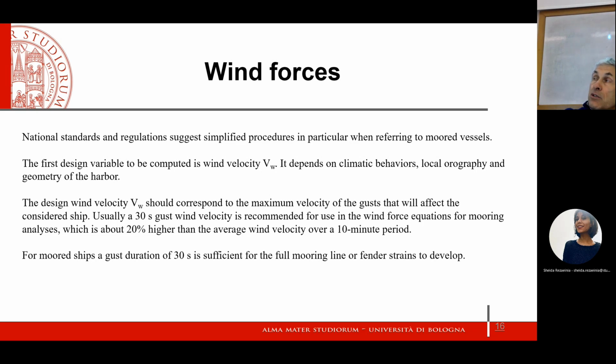Okay, when I use the term design wind velocity, I want to be clear. I mean the velocity of the wind that is adopted in order to size our structures and infrastructures. I make this clarification because I think that design velocity is not a correct English term.